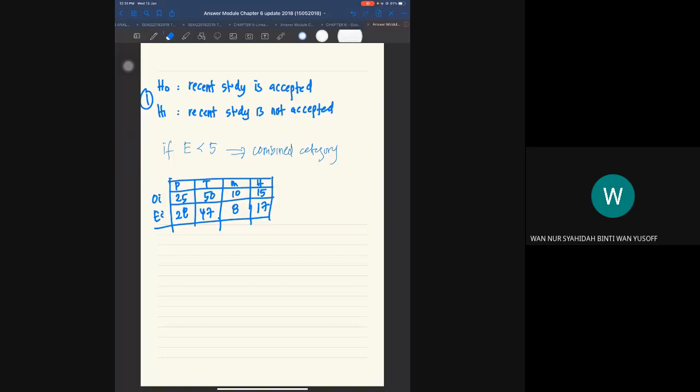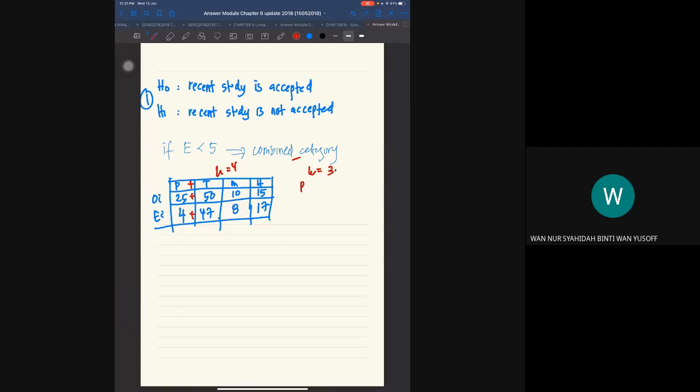Let's say the first category has E less than 5. Let's say we have 4. So what we need to do here is combine with the next category. Which category do we combine with? The category after that. So we combine P with T. Instead of K equals 4, you go down to K equals 3.